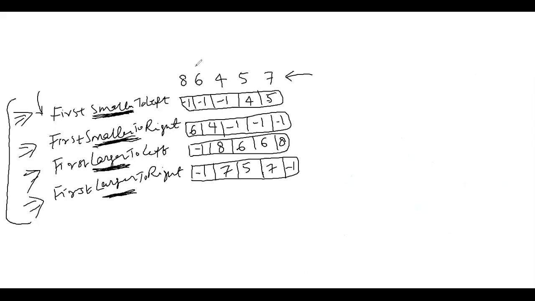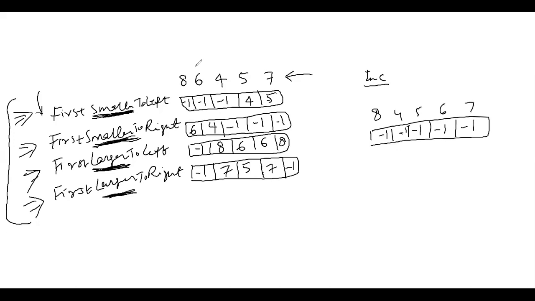Okay. So 8 came. I'm interested in building the increasing stack. 8 came, I put 8 in the stack. In the beginning, let me initialize all these values to -1, because by default everything is -1 if we don't fill any value. The array is 8, 6, 4, 5, 7.